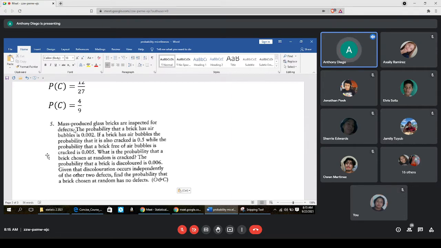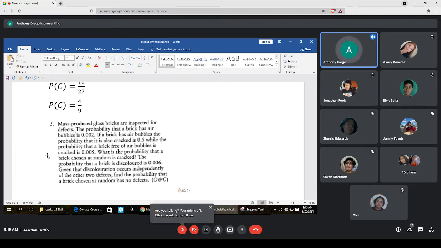If a brick has air bubble, the probability that it is also cracked is 0.5, while the probability that a brick free of air bubbles is cracked is 0.005. What is the probability that a brick chosen at random is cracked?